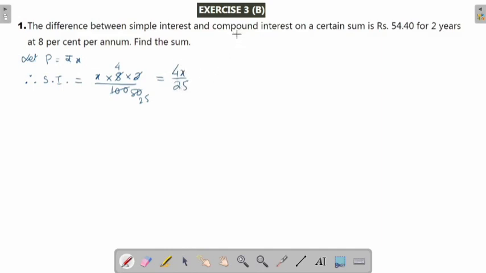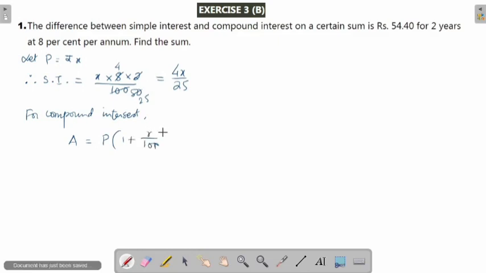Now to find compound interest, let's first find the amount, because we have a formula for finding the amount, right? The amount will be equal to P into 1 plus R by 100 whole to the power n.